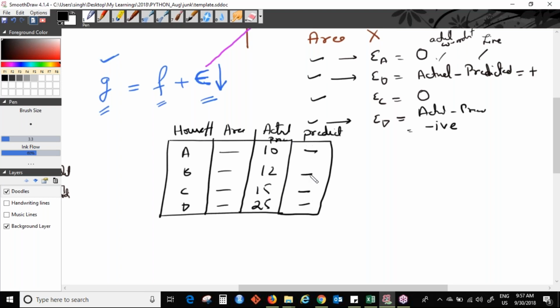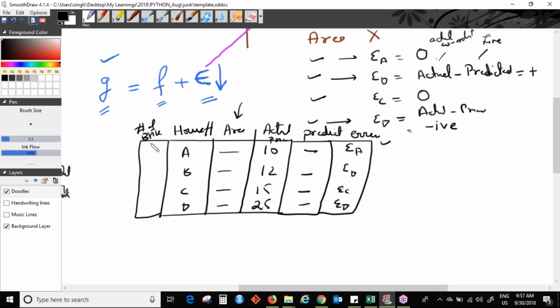So how many errors will you have? You will have four errors. For each of them you will have one error. So 10 minus this quantity, 12 minus this, you will have some EA, EB, EC, ED. So this error has nothing to do with this area. Even if you had, let's say, one more feature, like the number of BHK, how many bedrooms it has, even then you would have the same number of errors.